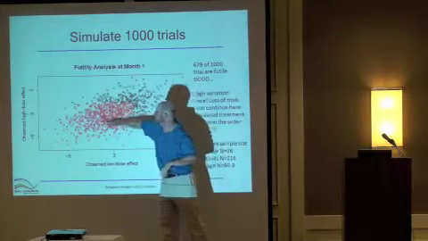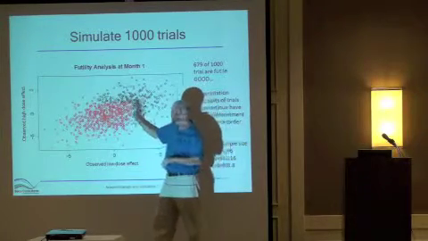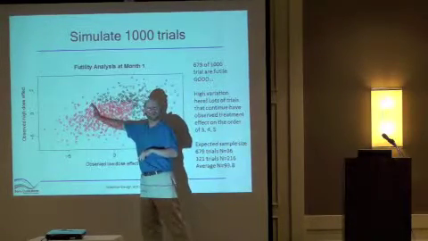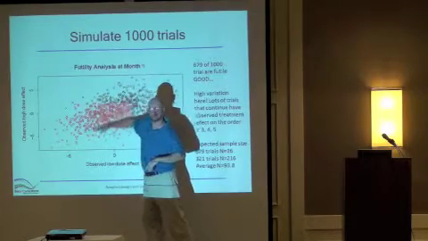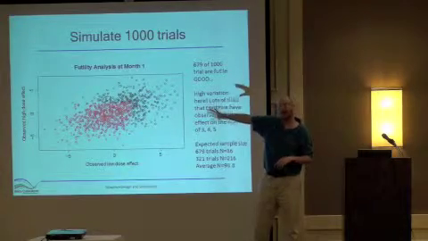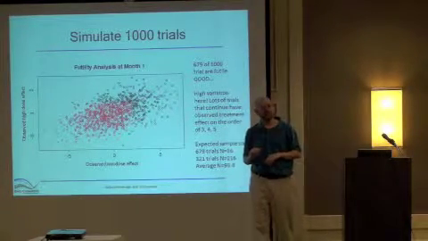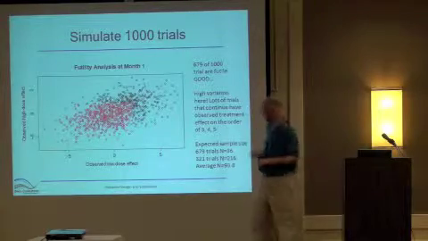In contrast, for the results over here, remember what has to happen for me to be futile. I need the low dose to be below 2, and I need the high dose to be below 2. So any trial in that red region, where neither dose looks good, I'm going to declare futile.